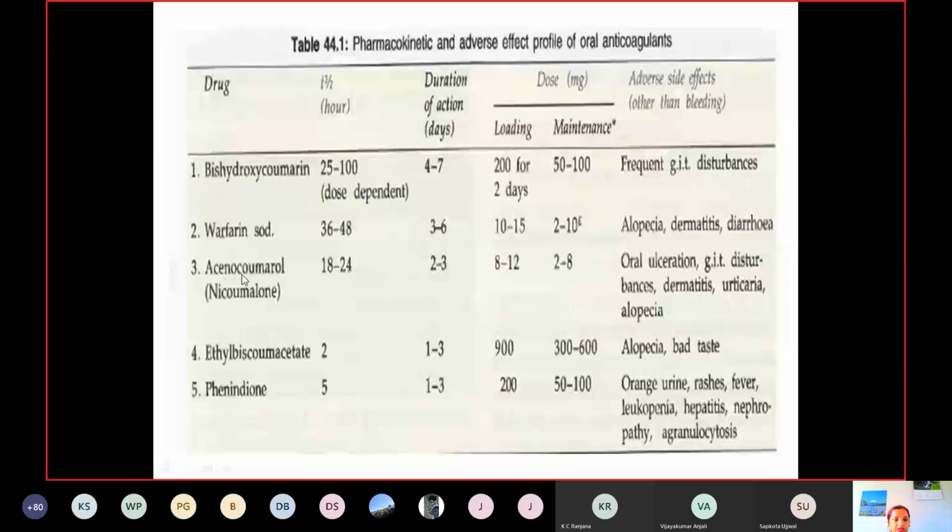Other drugs like acenocoumarol cause oral ulceration, GIT disturbances, dermatitis, urticaria, and alopecia. You just see the difference in pharmacokinetic properties. These are not very commonly used drugs, so you just go through only the differences from warfarin. What are the points that are different from warfarin? Just the half-life and duration of action, and some adverse drug reactions are different. Otherwise, other things are almost similar.